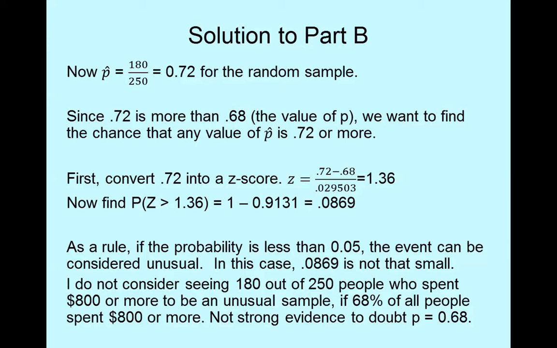Now here, the 0.0869 is not less than or equal to that 0.05 cutoff, so from a probability standpoint, we would not consider seeing a sample of 180 out of 250 people who spent $800 or more to be unusual if the proportion for the whole population really is 0.68, or if 68% of all people spent $800 or more on gifts. So there's not strong evidence to doubt the fact that p equals 0.68.